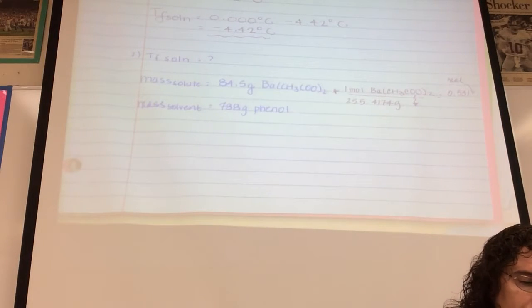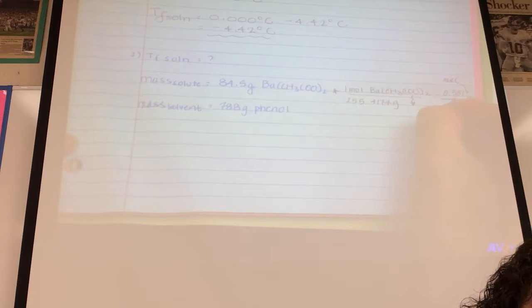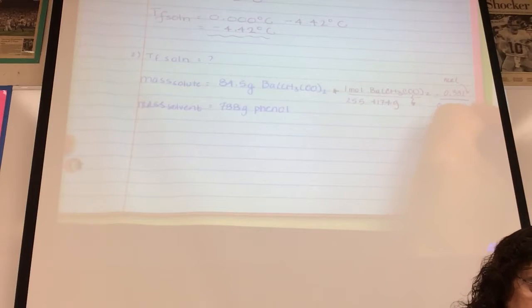Now that's not molality though. What do we have to divide that by? Kilograms. And again, 3 to the left. That also was a little bit of an issue.